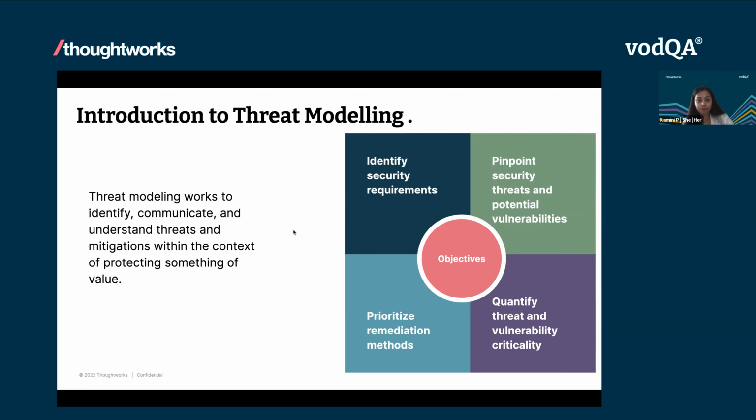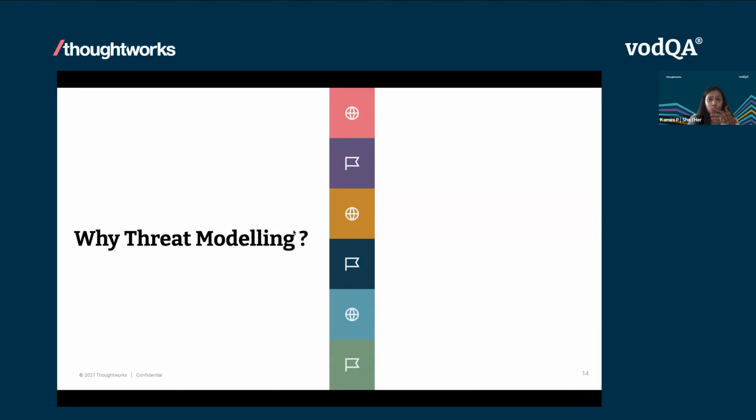Moving ahead, why do we want to do threat modeling? We are all talking about security, we are all talking about chaos engineering, but why do we want threat modeling? The very first thing is that it is better to find security flaws when there is time to fix them. Let's say we have a release plan and we identified a few security flaws in our system. Will that be a better time to fix them?